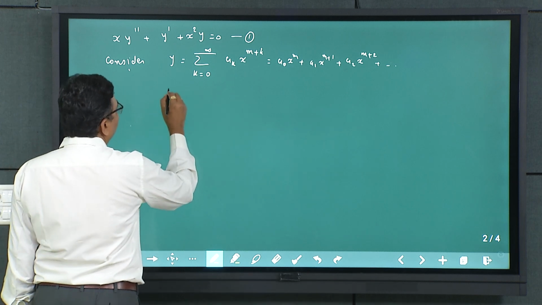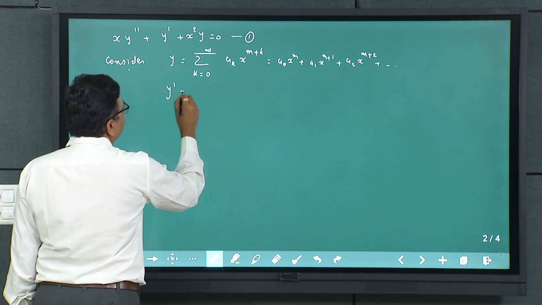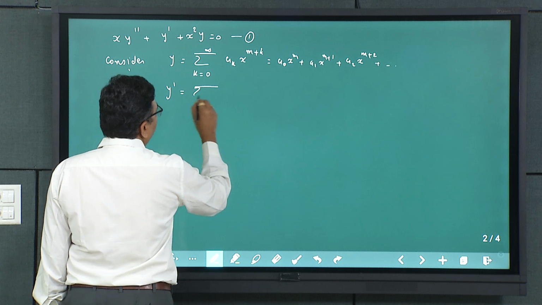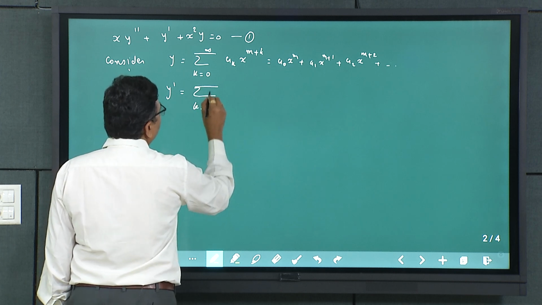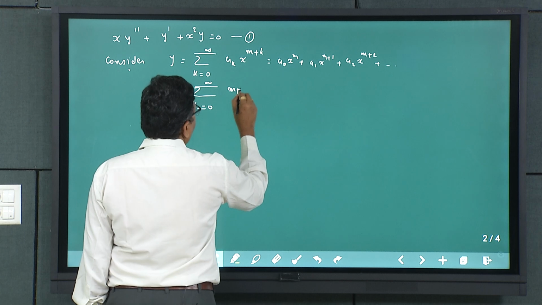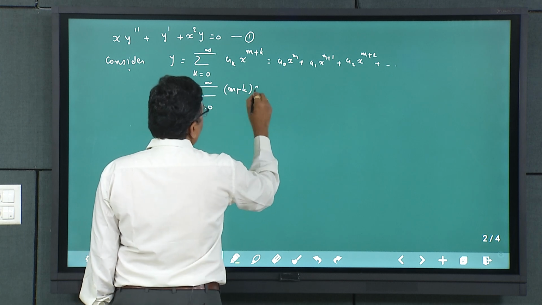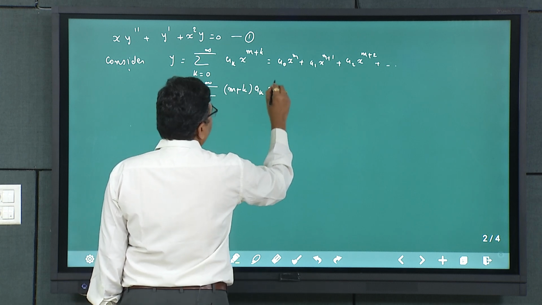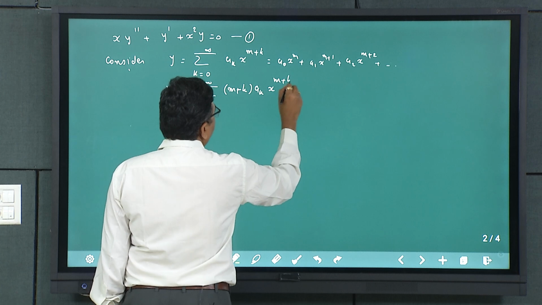Now what is y dash? So y dash is equal to sigma k is equal to 0 to infinity m plus k into ak x raised to m plus k minus 1.